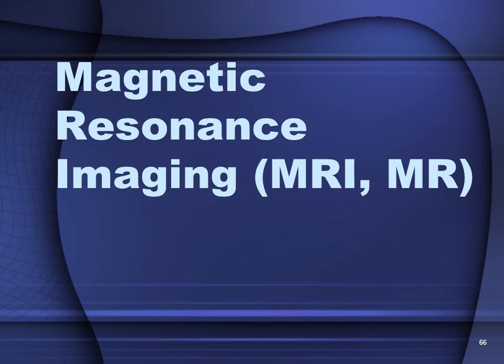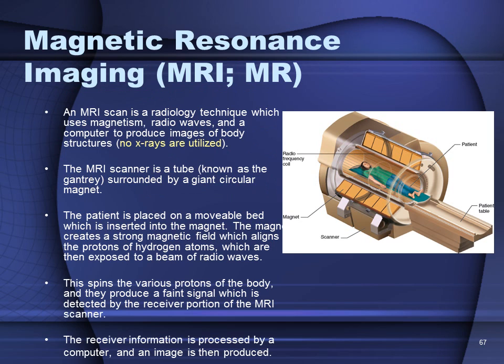Let's move on now and talk a bit about magnetic resonance imaging, or MRI or MR. This technique involves the use of magnets and radio waves and a computer to produce images of the body structures. No X-rays are utilized. The MRI scanner is a tube known as the gantry, and the gantry is surrounded by a large magnet.